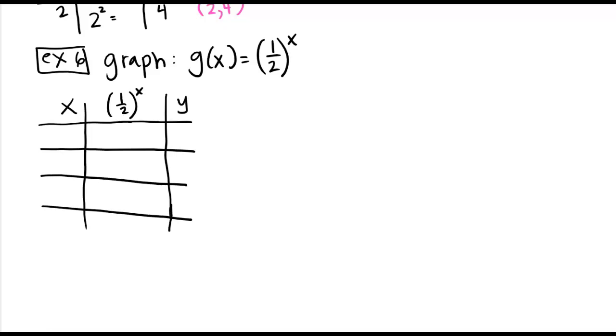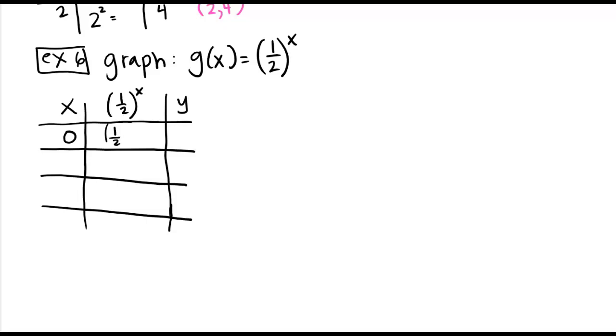So the first x value I'd want to pick. Somebody tell me? 0, maybe, or 1. Yeah, 0 is perfect. Remember, I said I always want to pick my first value so that my exponent goes to 0. And so that's what this one's going to be.